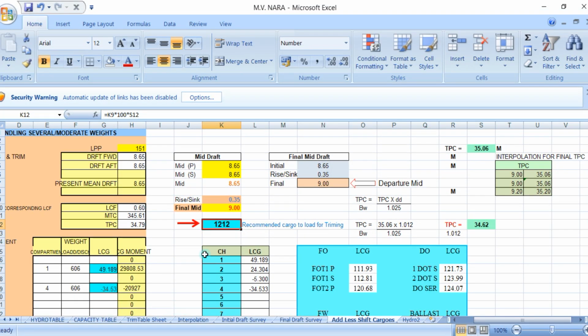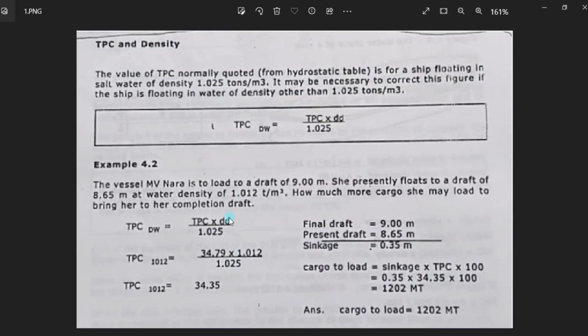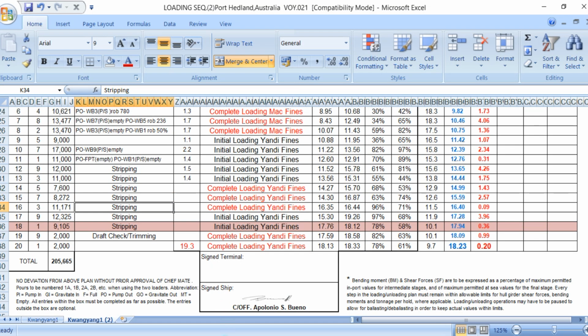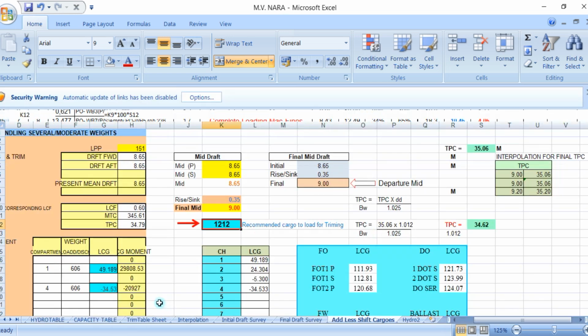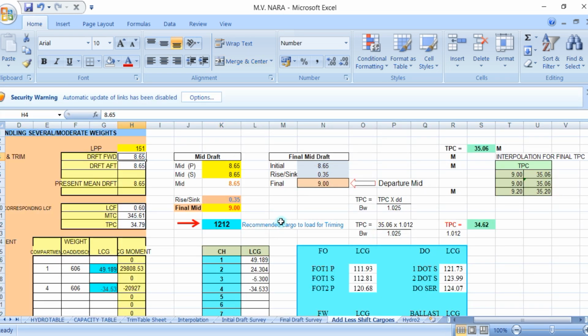He says his present draft is 8.65. Forward is 8.65, aft is 8.65. So his mean draft is 8.65.